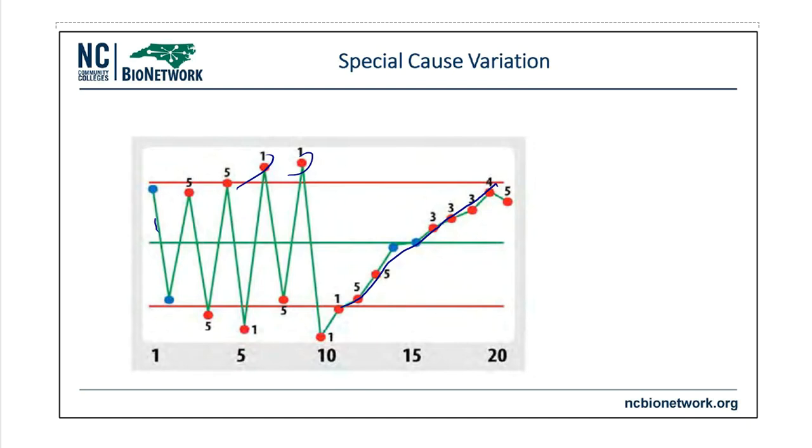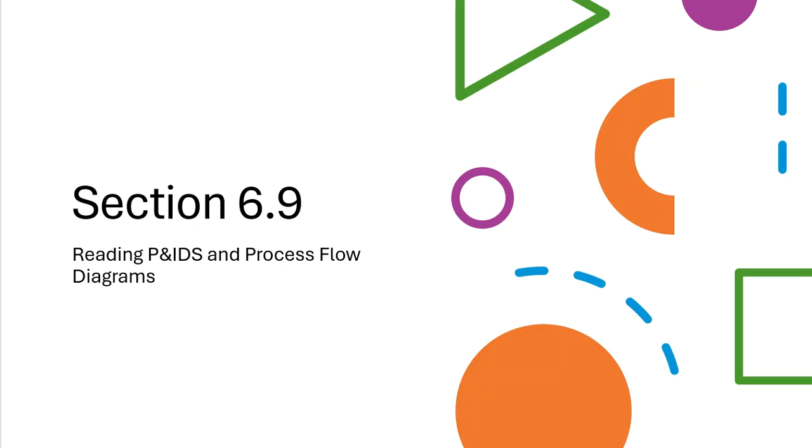Fluctuation means up and down, up and down. Whenever we see long periods of constantly values going up or constant values going down, that is not fluctuation. That means something is getting ready to happen, and I need to figure out what that is before it gets worse. All right, so that ends section 6.8, and we are off to section 6.9.